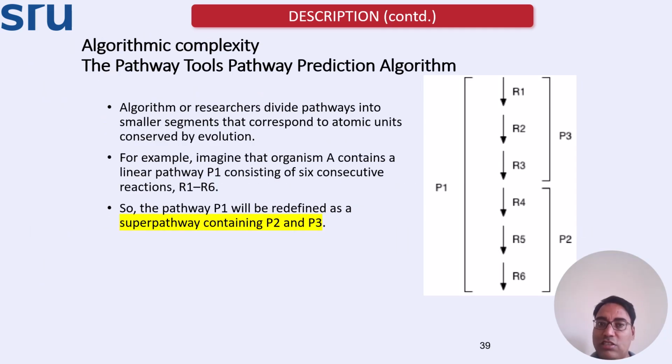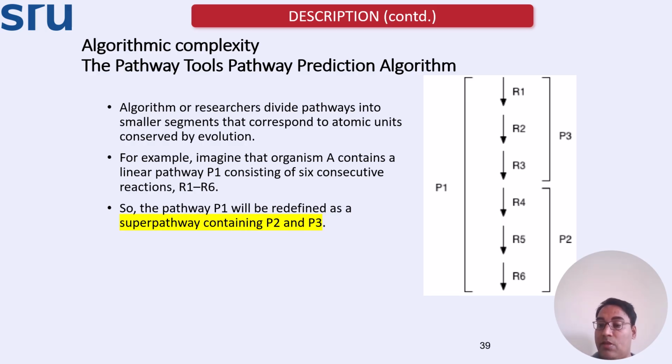See a small step here. Whenever I'm considering reaction 1 to reaction 6 here, pathway 1 can also break down into pathway 2 and pathway 3. Now understand that if pathway 2 is present somewhere, and pathway 3 is present somewhere in the same species, and I am able to build up a mechanism while analyzing my data, I am understanding that pathway 3 is connected to pathway 2 using R3 and R4.